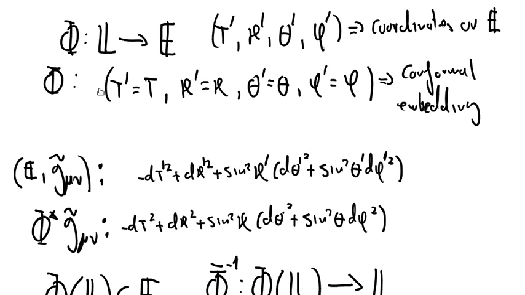Since we have the explicit expression of the conformal embedding, it's clear that this relation can be inverted. So we have this relation, and it's obvious what the inverse of this is.